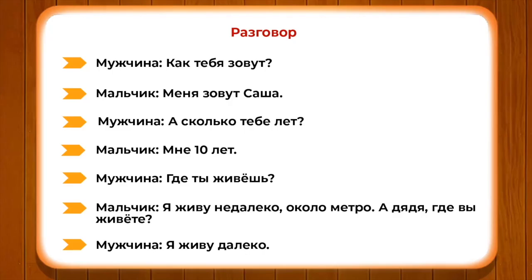The man is using ты because the boy is younger, whereas the boy is using the construction with вы and conjugating the verbs with вы, so that it is referring to a person who is senior to him. Then we have seen the verb жить in a conjugated form of ты and вы. Then we have also seen how to use далеко and недалеко in a particular set of dialogue.